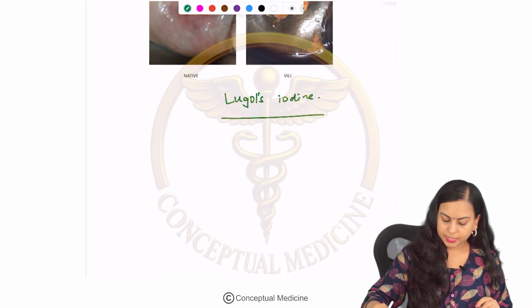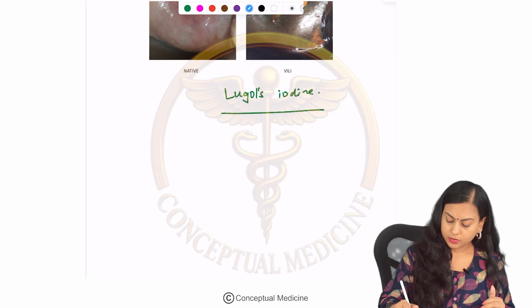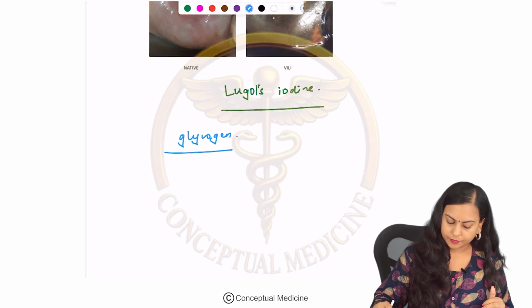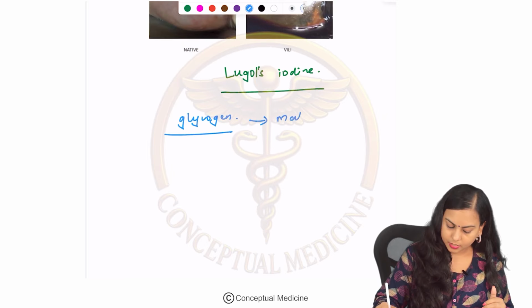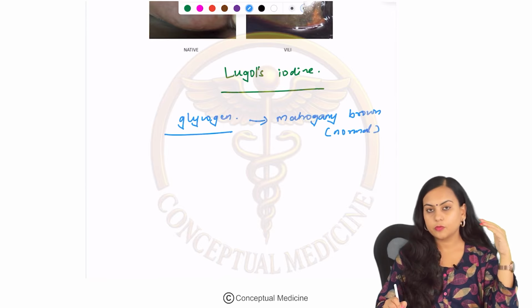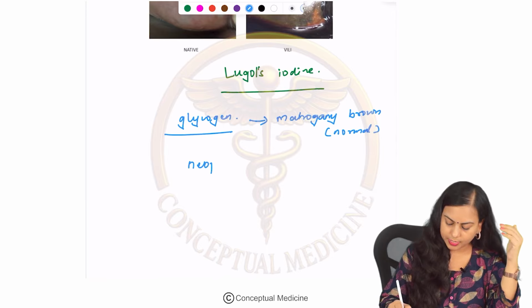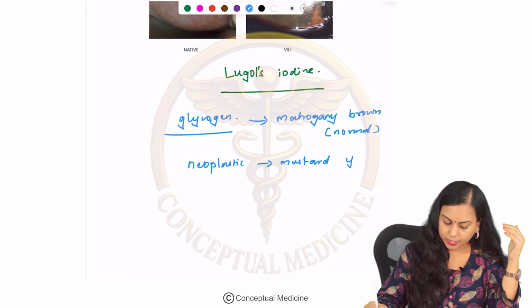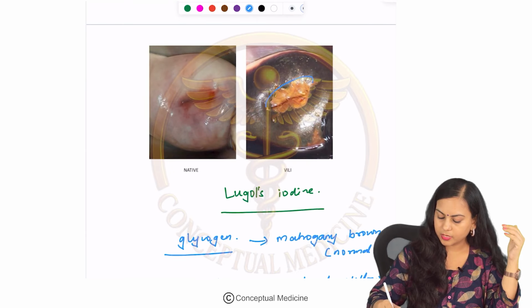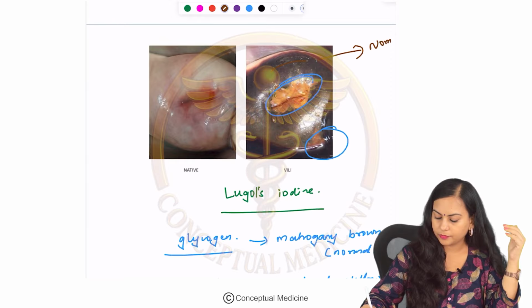Since the cervical epithelium is rich in glycogen, the normal cervical epithelium stains mahogany brown. That is normal. Whereas neoplastic epithelium stains mustard yellow in color, which is abnormal. The mahogany brown color is normal.